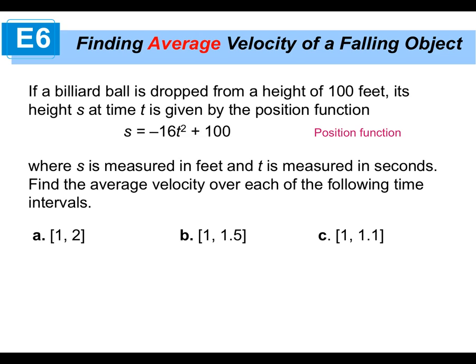Starts at 84, ends at 36. Calculate the average velocity. 84 minus 36, and then divide it by 1. Or negative 1, sorry. And you should get a negative velocity, right? Why is the velocity negative? Yeah, the ball's dropping downward.